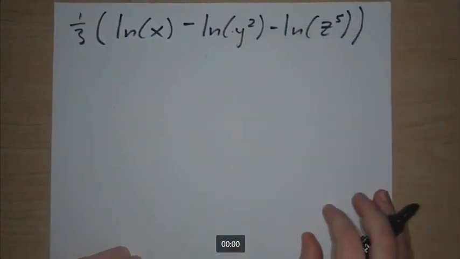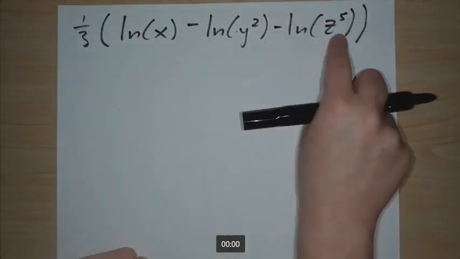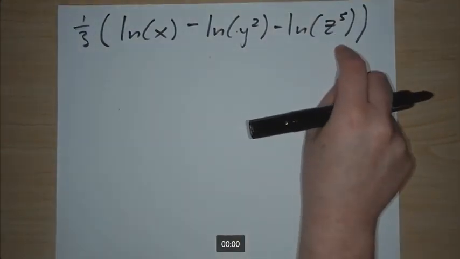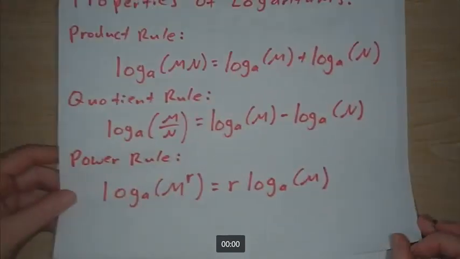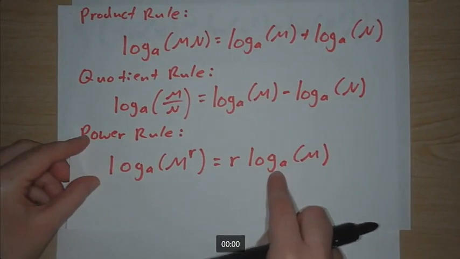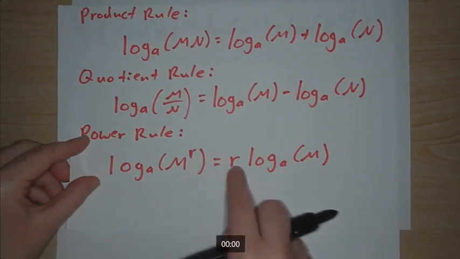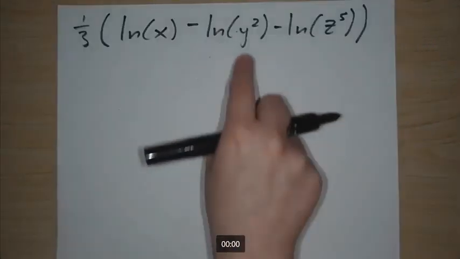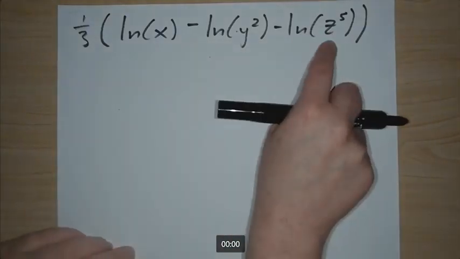So what we can look at next is these powers. We have y squared and z to the fifth. And we remember we have a power rule that we've used already once before. We have log a of m to the r is equal to r times log a of m. So we can pull out this r to the front. So we can do that for both this logarithm and this logarithm.